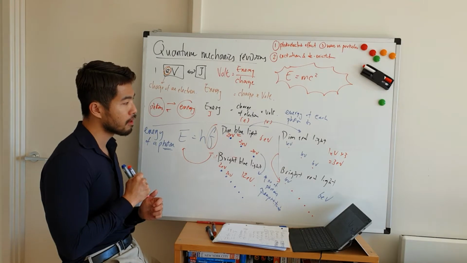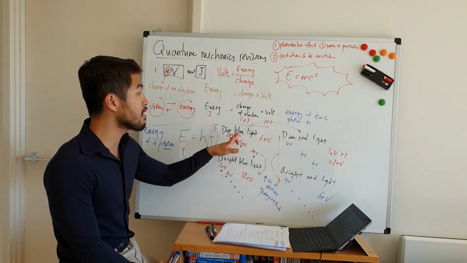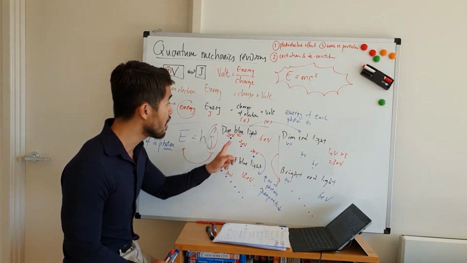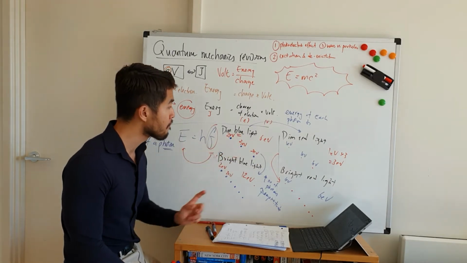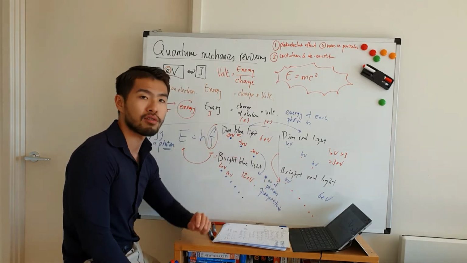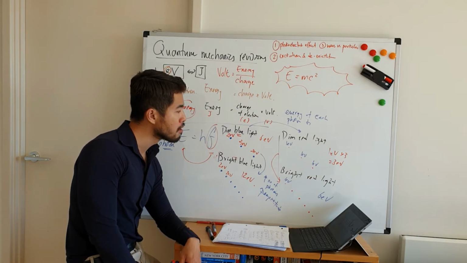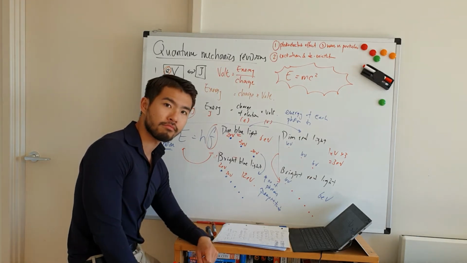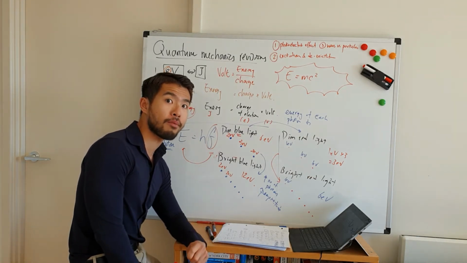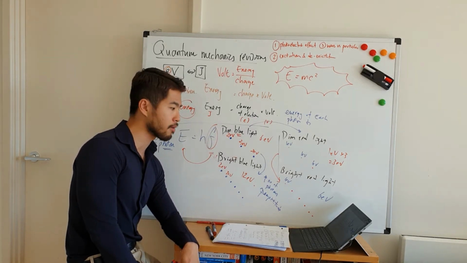So you can see that bright red light in this situation has the same total energy as dim blue light, but the energy per photon is less. It's just brighter because it's got more. This is a very important concept before we understand the photoelectric effect.